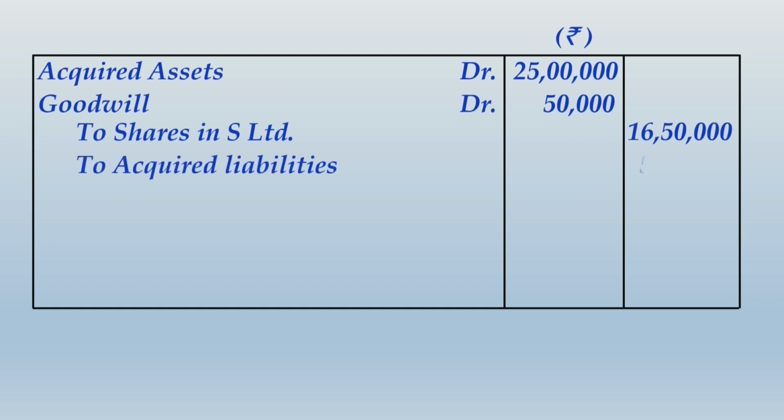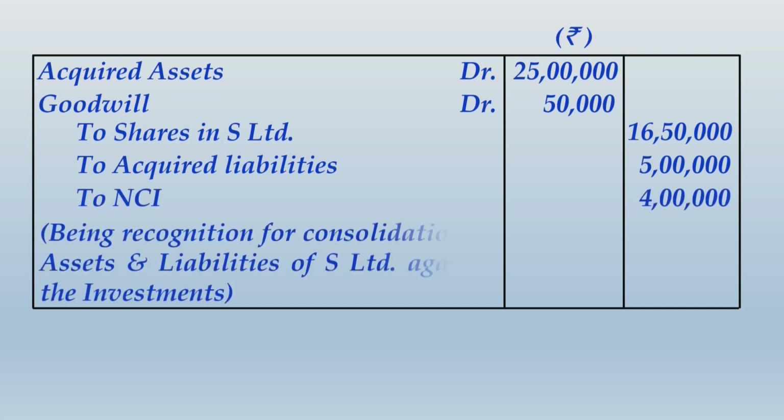You will also record the acquired liabilities, and finally the non-controlling interest will also be recognized over here in this consolidation entry. So you will write 'To NCI', which is measured at 4 lakhs, being recognition for consolidation of assets and liabilities of S Limited against the investments. So friends, please write up this entry and then we shall go ahead with the balance sheet.